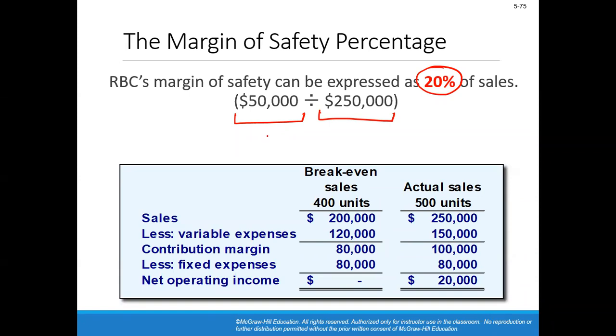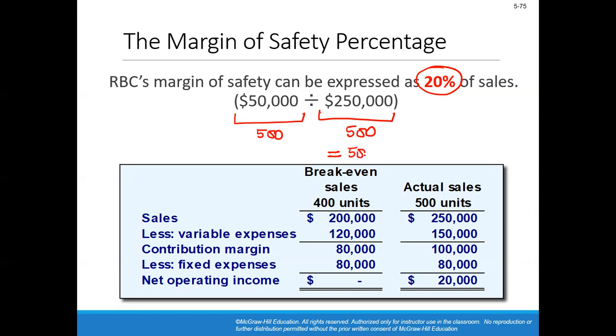And again, when you have a sales value in dollars, you can easily express the margin of safety in terms of units. Can you remember how much our selling price was? 500. So if our selling price is 500, we can easily determine our budgeted break-even sales quantity.